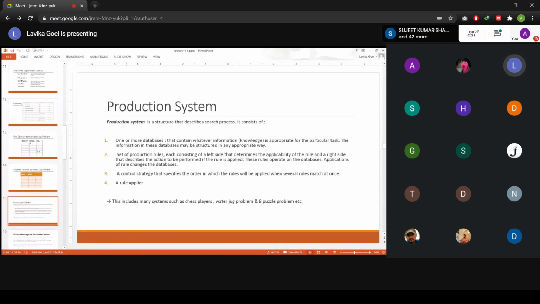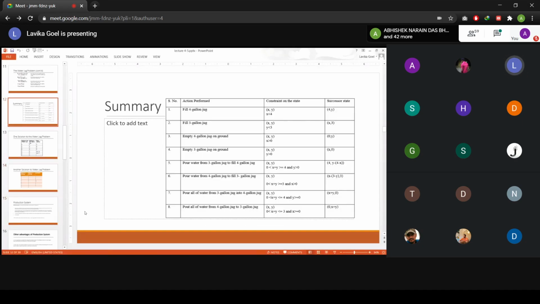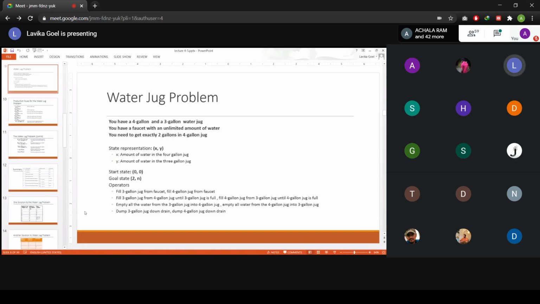For example, in the water jug problem, the knowledge base was the domain knowledge given to you. The domain knowledge for the water jug problem was that you have no measuring cylinders, right? And you have an infinite supply of water. So whatever information was given to you in the water jug problem, this was the information: you have a 4-gallon jug and a 3-gallon jug.